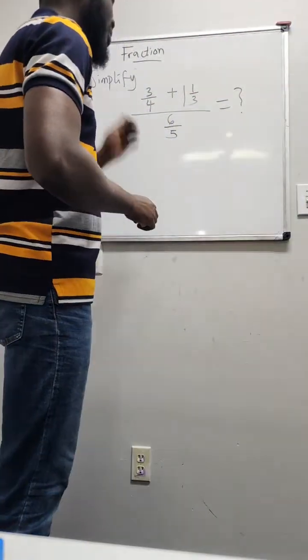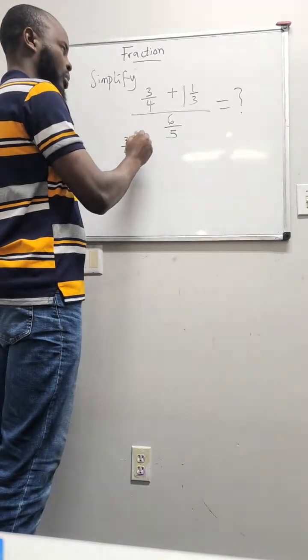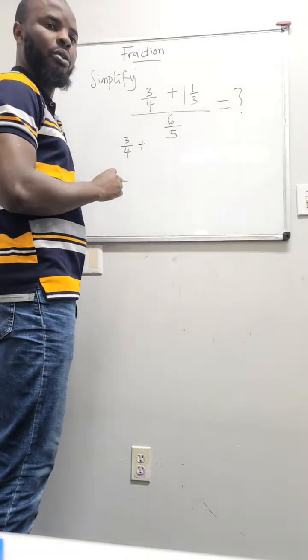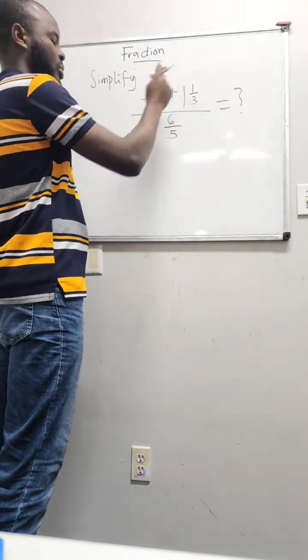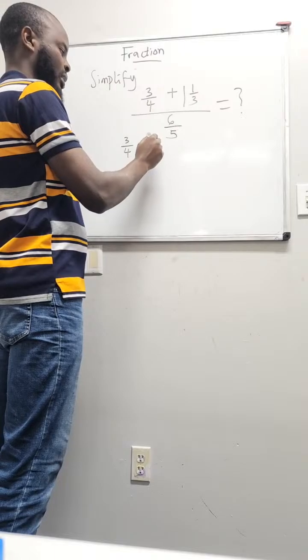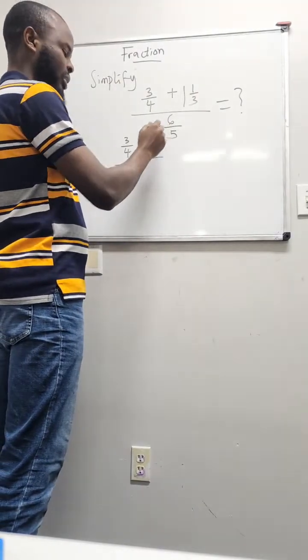Okay. Now doing this, I have that 3 over 4 plus 1 whole number 1 over 3. 3 multiplied by 1 is 3 plus 1 is 4 over 3. Dividing this by 6 over 5.